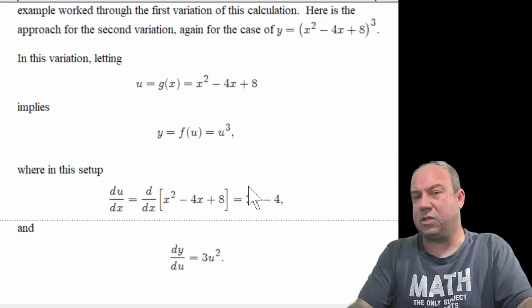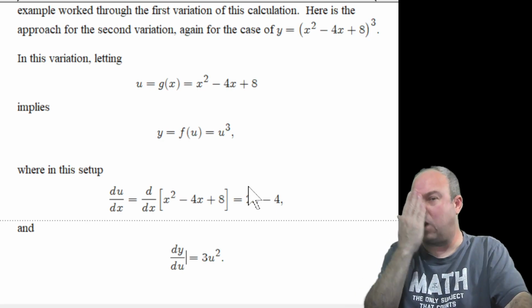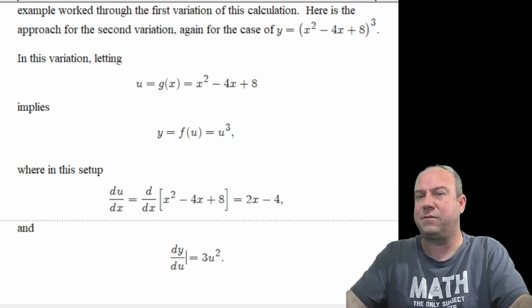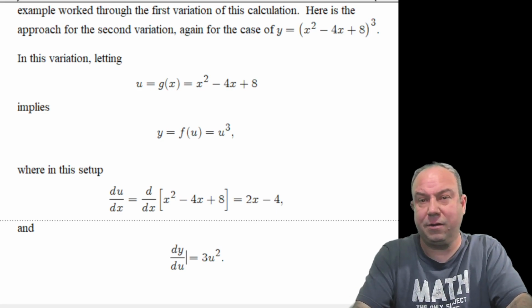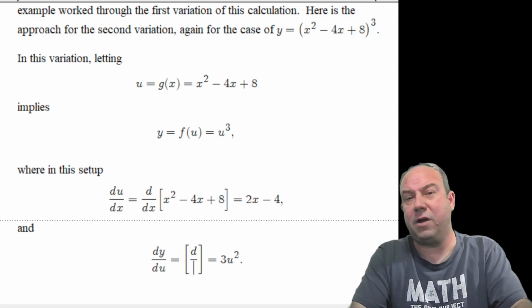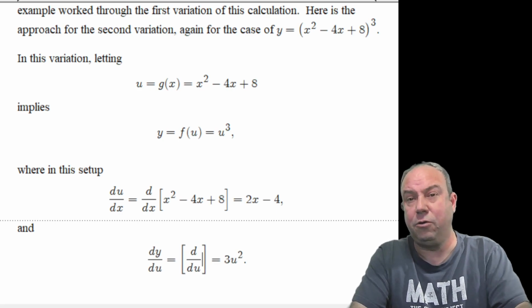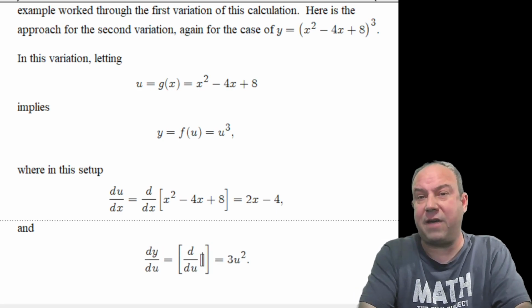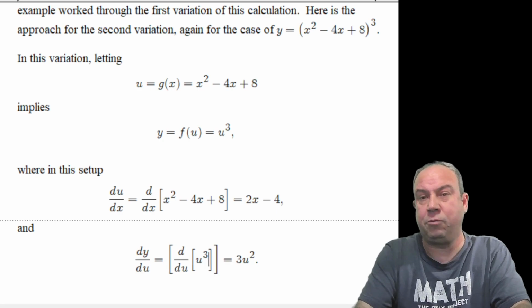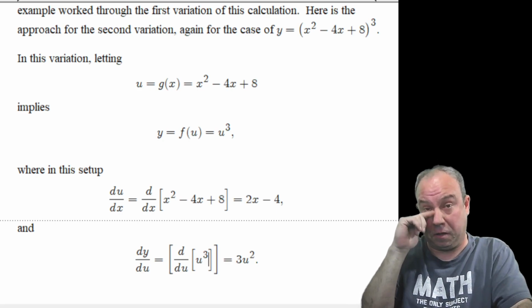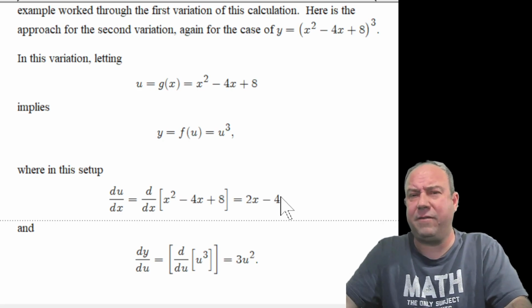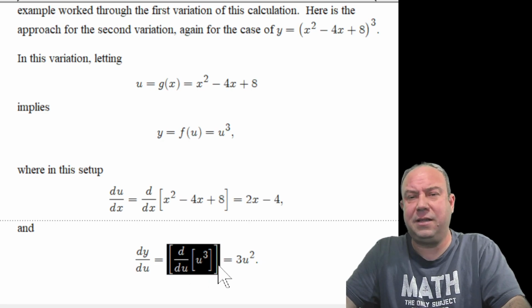The derivative with respect to x for x squared minus 4x plus 8, which equals 2x minus 4. And for this case here, this is the derivative with respect to u for f of u, which would just be the function u cubed. I don't know why I have that in double brackets. Let's clean that up.